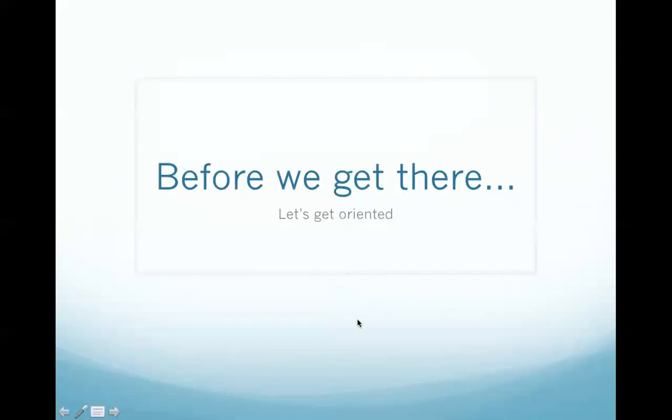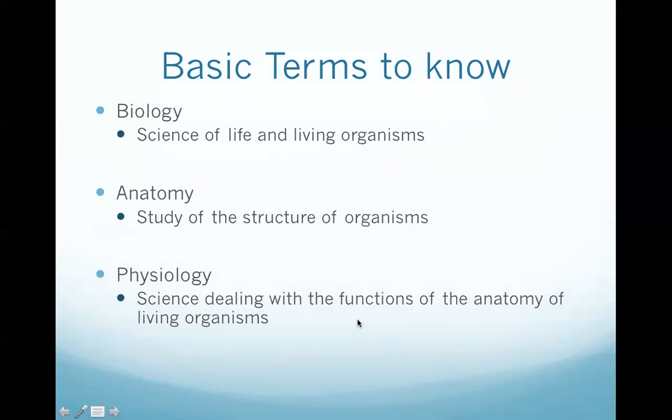But before we get there, we need to make sure that we're familiar with some basic terms and that we understand some of these terms. The first ones we'll talk about is just what these terms mean. So biology is the science or study of life and life forms and living organisms. And this course is a biological science course. And we're going to be talking about the study of human beings and the systems associated with speech production and perception. The term anatomy means the study of the structure of that organism.